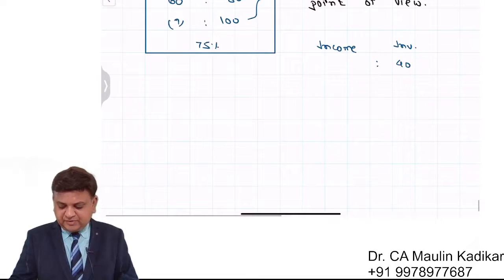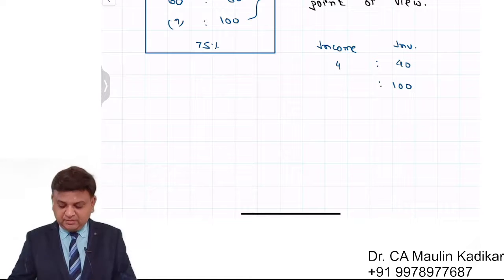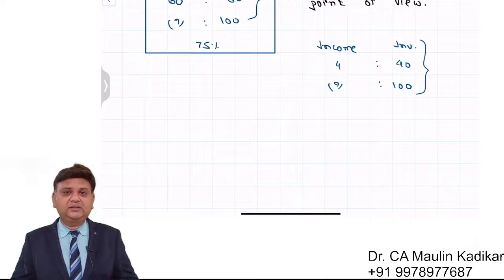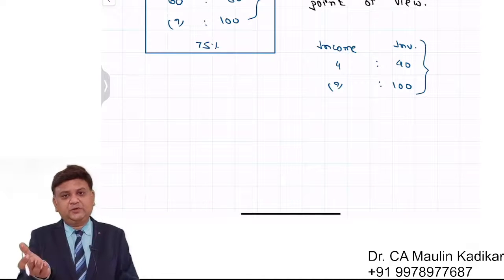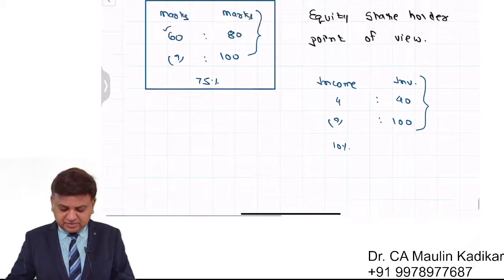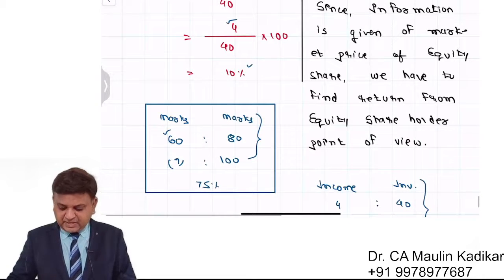For 40 rupees of the investment, income is rupees 4. For 100 rupees of the investment, income would be how much? So we make the computation in percentage term like this: for 40 rupees it is 4, then for 100 rupees it comes to 10 percent. That is what we understand.